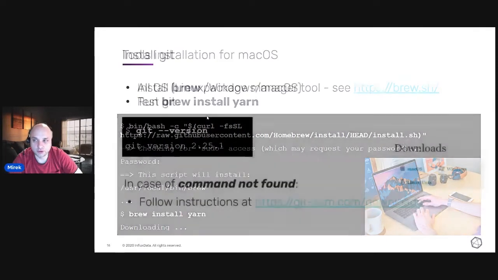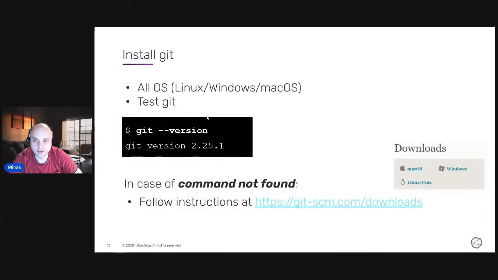If you have Windows or Linux, we need to install all the software manually, or it's already pre-installed. Because this is part of the prerequisites, I expect that this is already installed. If not, there is always a link where you can download the installation files, as well as all the installation steps.